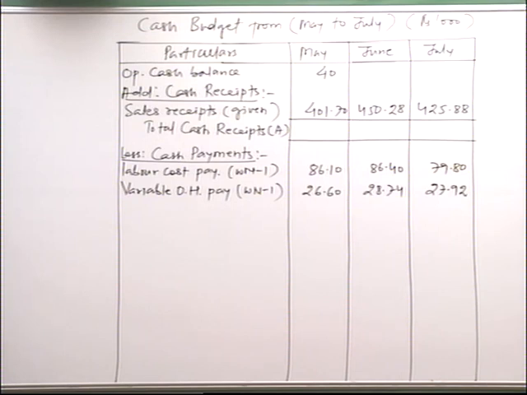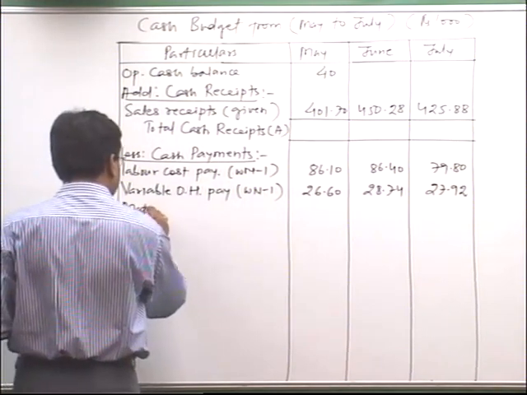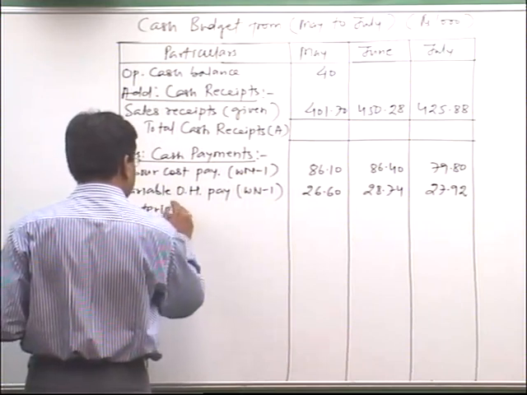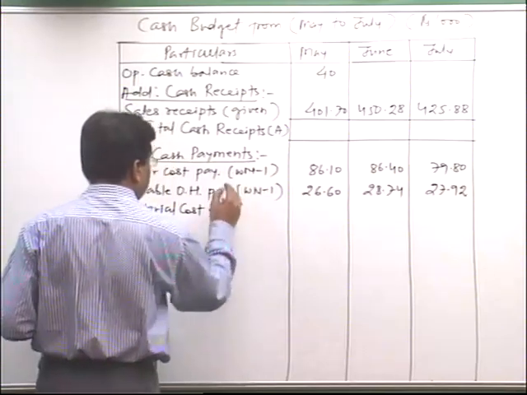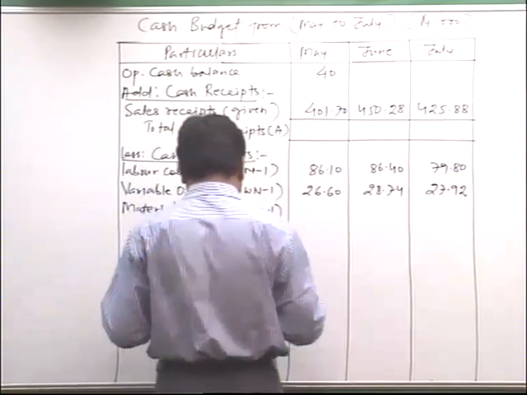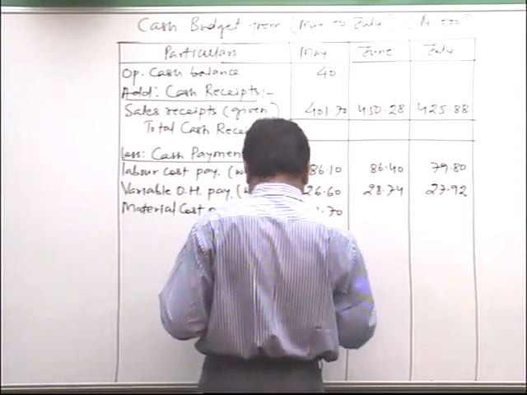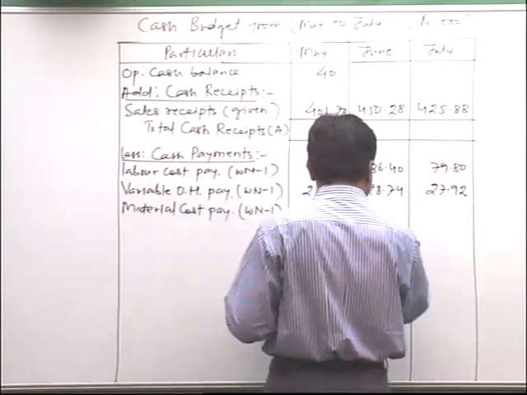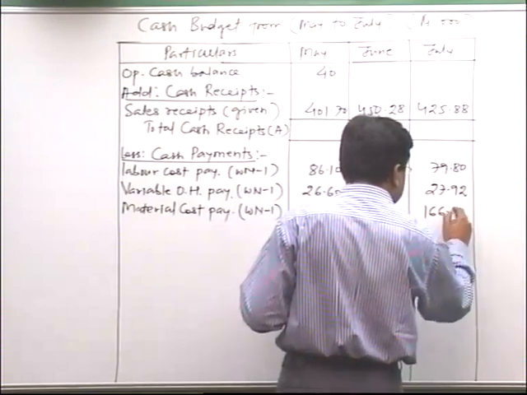The third payment is material cost payment. Again refer to working note 1. Material cost payment is 161.7, 172.5 and 166.20.